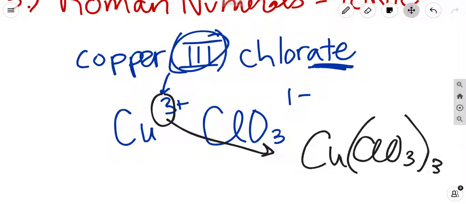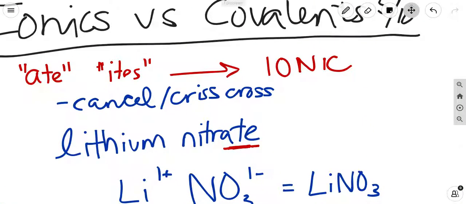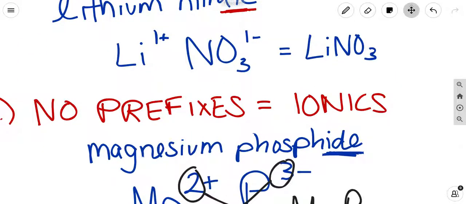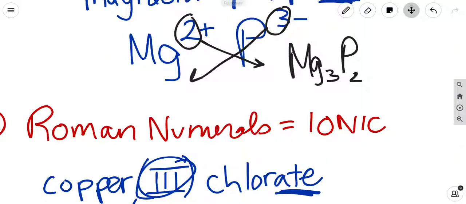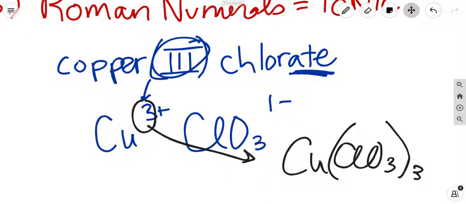All right. So far we've covered ates and ites are always ionic. No prefixes are always ionic. Roman numerals are always ionic. If you see parentheses, parentheses are always ionic.